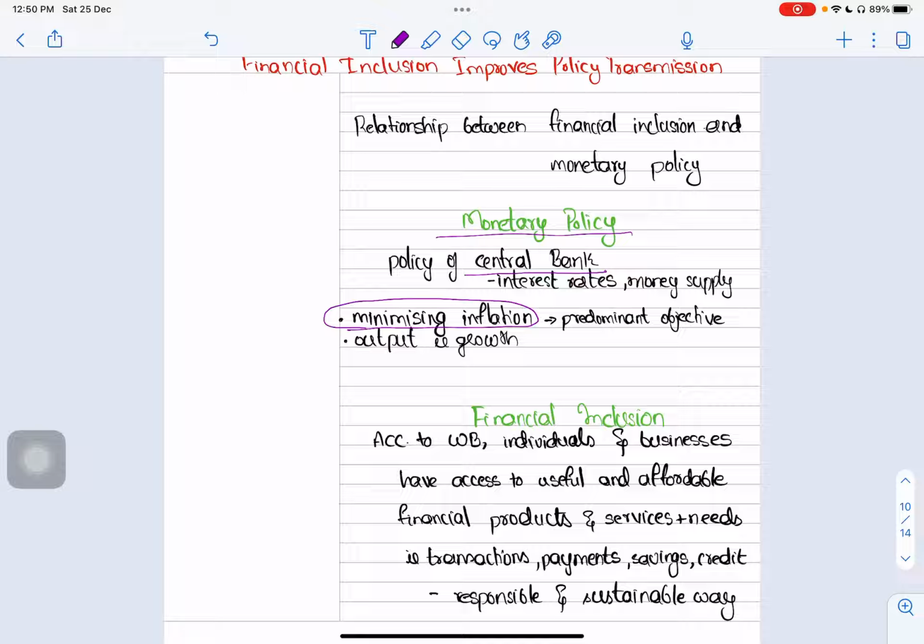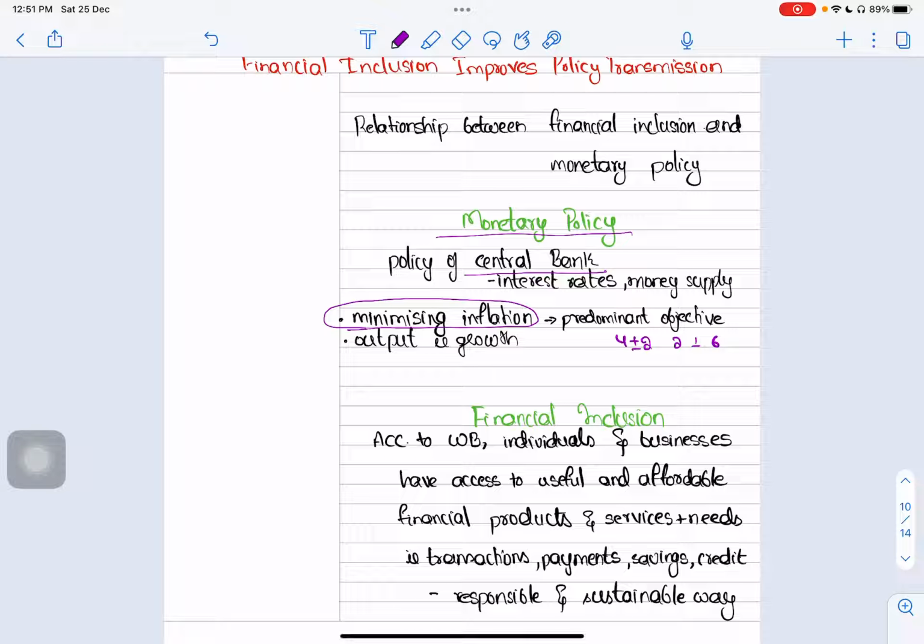and as per the agreement between the Reserve Bank of India and the Ministry of Finance, it has to be in the range of 4 plus or minus 2, that is, within the range of 2 to 6.